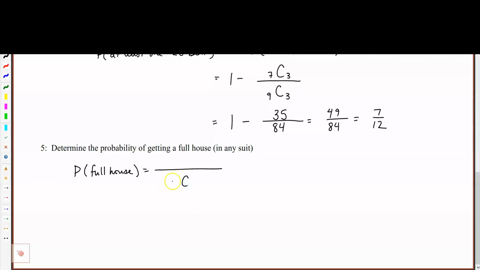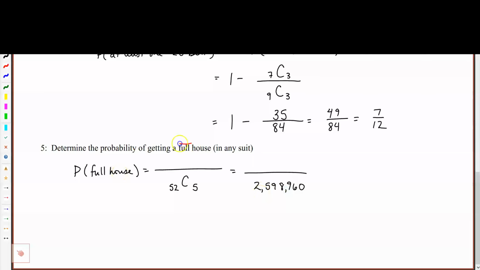Out of the 52 cards in the deck, we want to choose 5 of them for our hand. So 52 choose 5 would give us 2,598,960 possible poker hands.